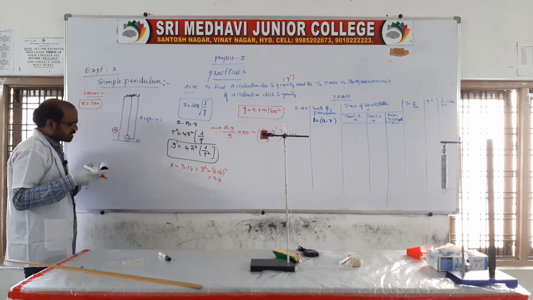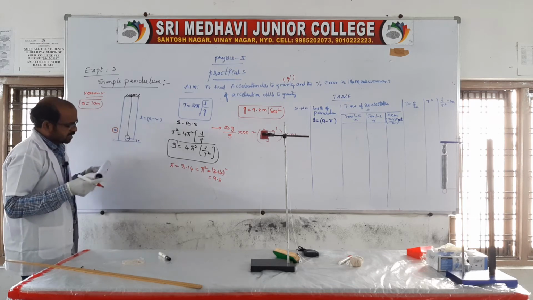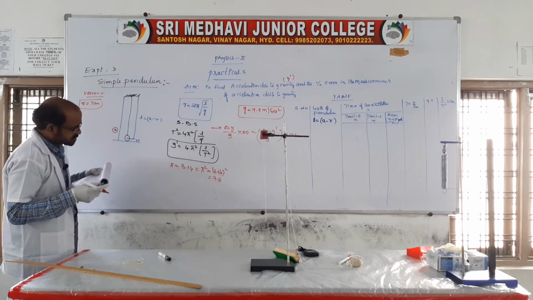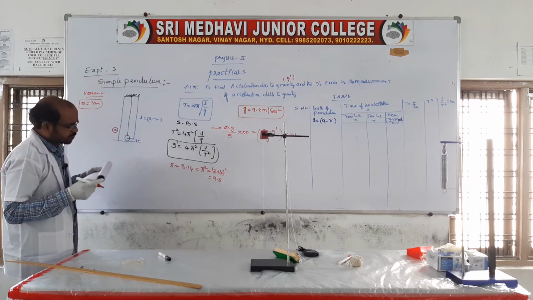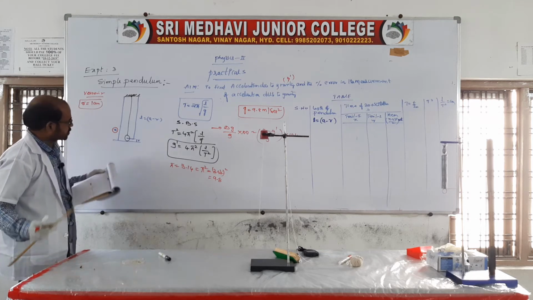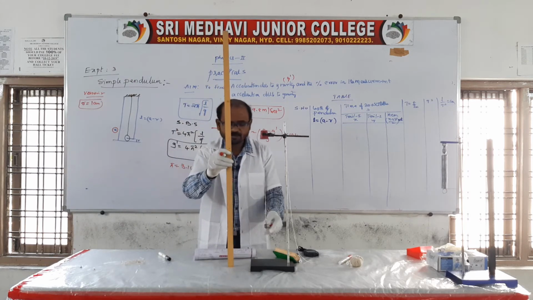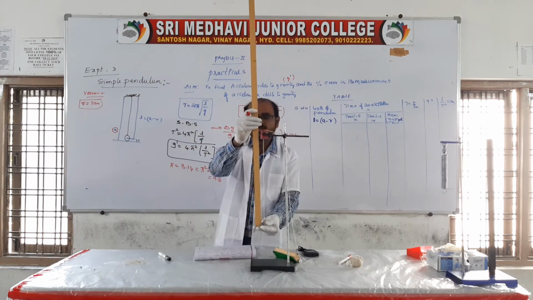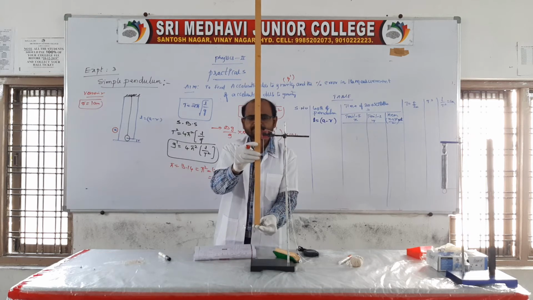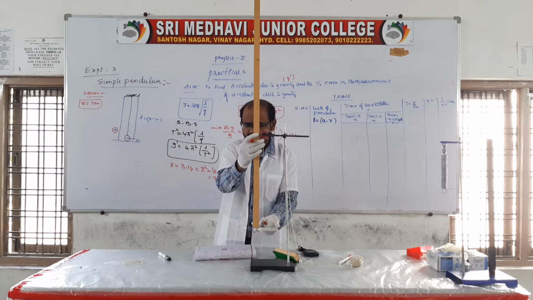Now we are taking the length of the pendulum. Suppose by using this scale, I am taking the length as 51 centimeter from the rigid support till the end.